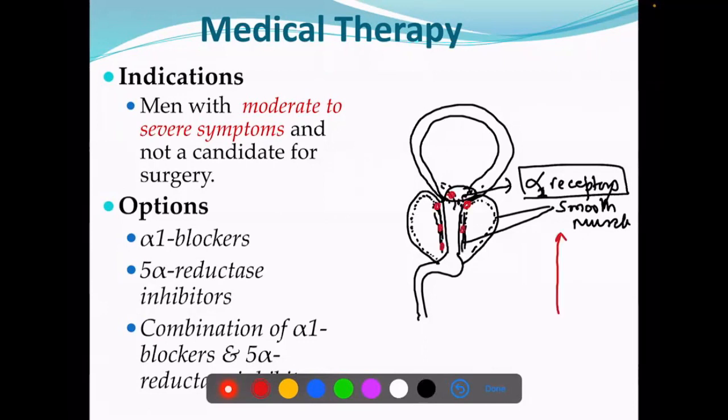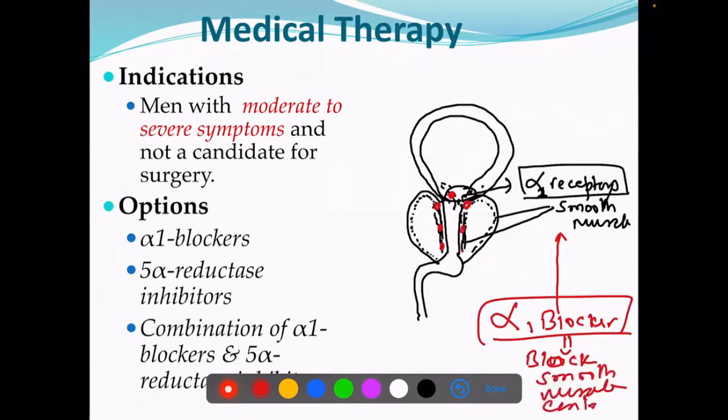So what do alpha-1 blockers do? They act on these receptors and block the activity of smooth muscles. That means they cause relaxation of the smooth muscle around the bladder neck and periurethral area. When these areas are relaxed, the urine can easily go out.